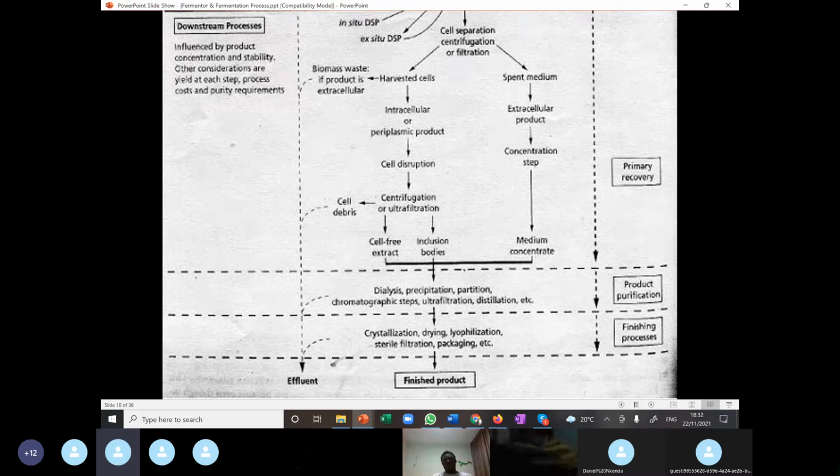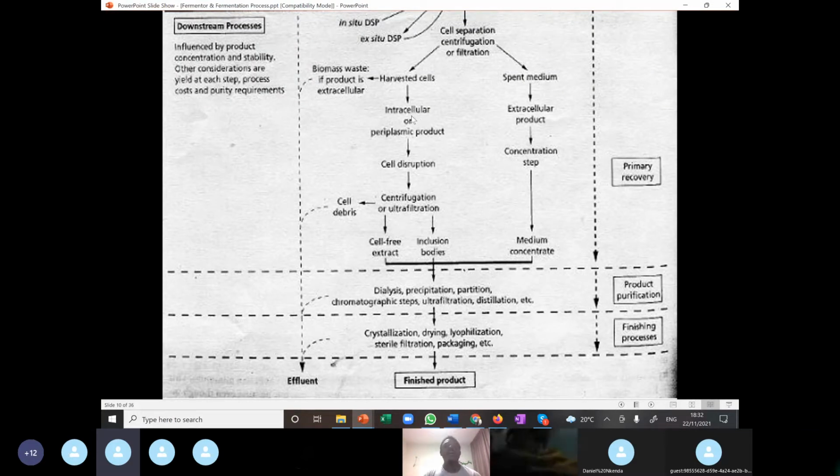The next decision is, if we are interested in end products, is the end product of interest intracellular or extracellular? So look at this arrow. Our end product could be extracellular or our end product could be intracellular.